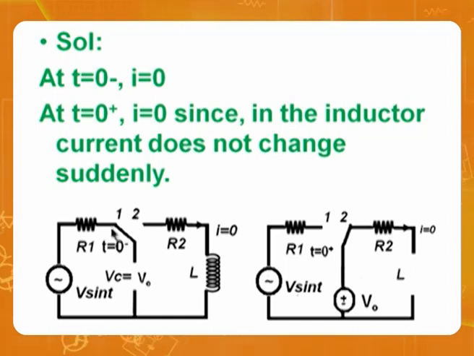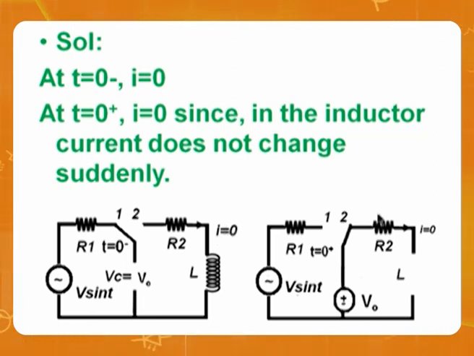Now that is applied, you look at here. At t equal to 0 plus, which is moved here, whatever the voltage that is developed is acting as a voltage for this. But unfortunately, when the switch was here, the inductor could not develop any current. That's why current is 0.